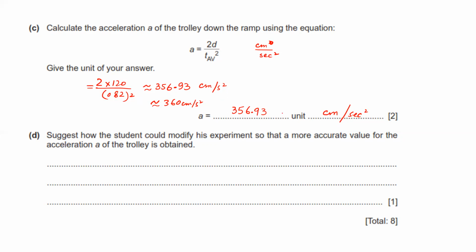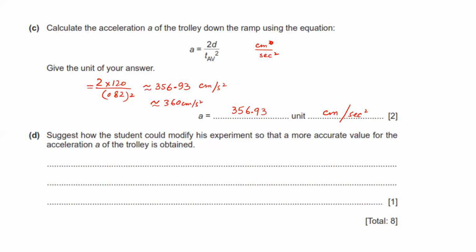Okay, then it says part D suggests how the student could modify this experiment so that a more accurate value of acceleration A of the trolley can be obtained. The easiest way is to increase the distance. Increasing the distance will allow more time for the student, and in a way it reduces the effect of reaction error.